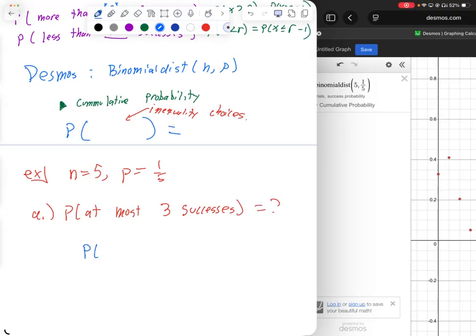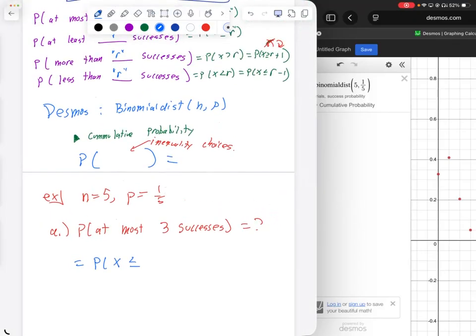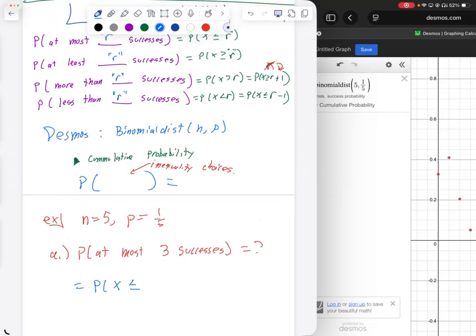So this is the same thing as x is less than or equal to what? At most 3 is less than or equal to 3. Now, what you did in your do now was you took all the answers and added them up, right? You probably remember.